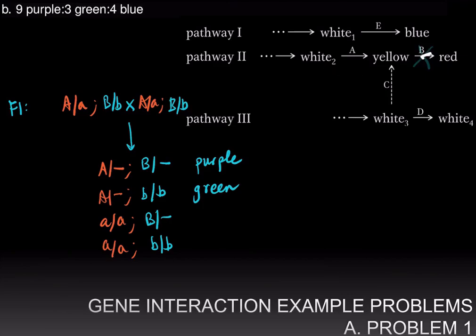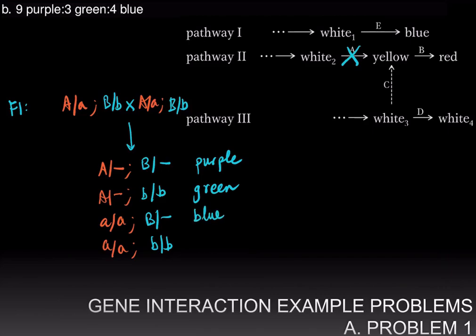Then in the third phenotypic class, you are mutant for the A gene, so homozygous for the little a allele, and you will be blocked here, and you cannot convert the white intermediate into yellow. Therefore, your phenotype is going to be blue.